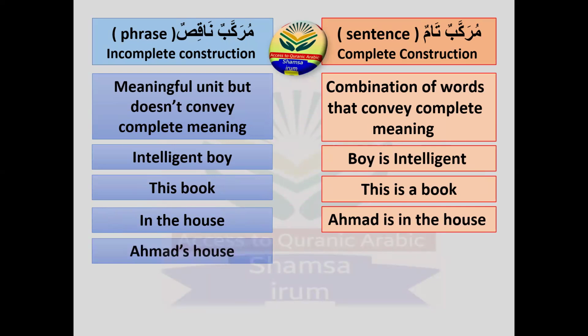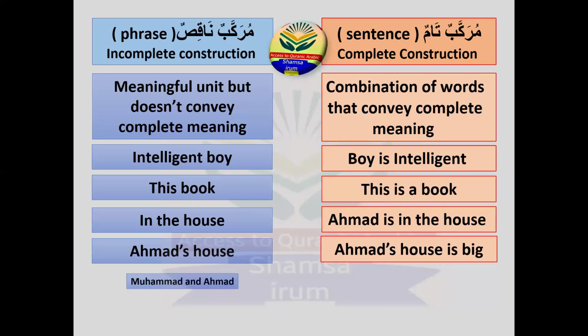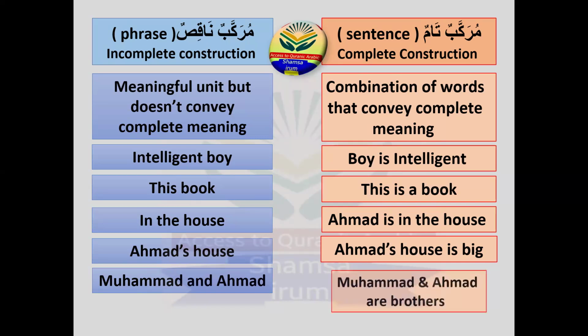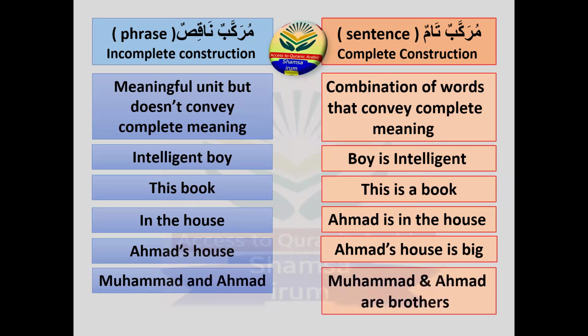Ahmad's house is just a phrase. And if I say that Ahmad's house is big, so it's a full sentence. And the last one is Muhammad and Ahmad is just the names of two boys. And if I say that Muhammad and Ahmad are brothers, so it is now a complete sentence.